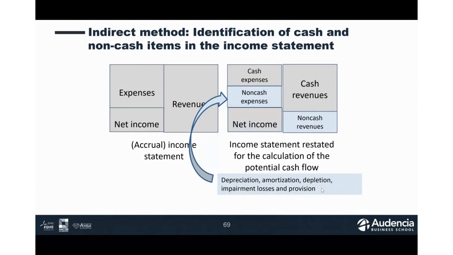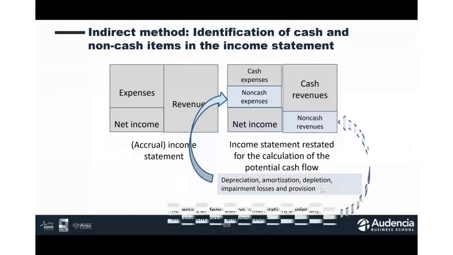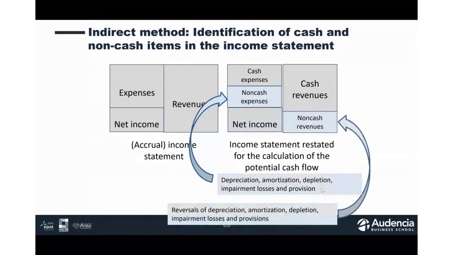And we have also for the short term, the write-down of inventories. We have the allowance for doubtful accounts or the bad debt expense. And we can have reversals in the non-cash revenues, reversals of depreciation, amortization, depletion, and so on.